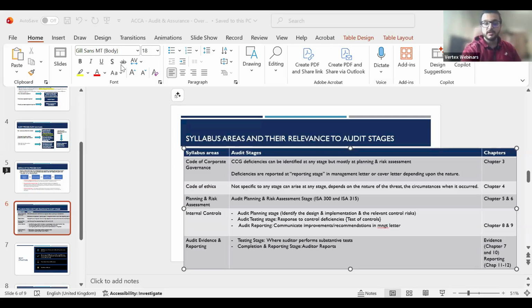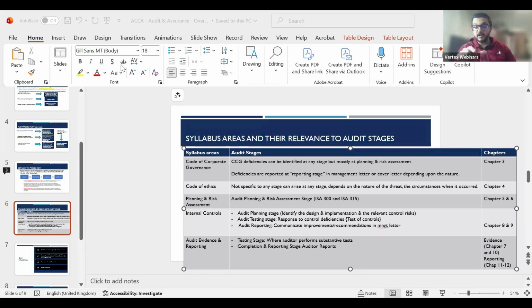That's what you do at the planning stage, so that you can come across different control-related risks. When you have identified control-related risks, in the audit testing stage you can respond to those risks, and responding to those risks means test of controls. And in your audit reporting stage, you can communicate or recommend improvements to those control-related deficiencies or problems in the management letter.